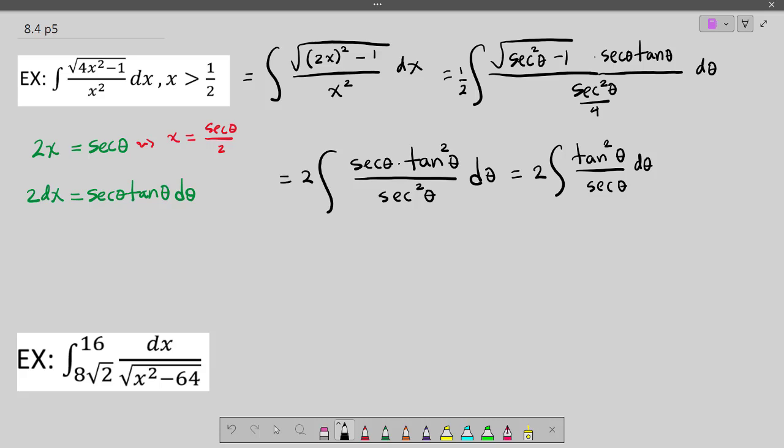Or we could go to sines and cosines. Does not really matter here. Both of those techniques will work. Last time we went to sines and cosines. This time, let's not. Let's convert tan squared with the Pythagorean. If we think about that triangle, tangent squared is going to be secant squared minus 1.